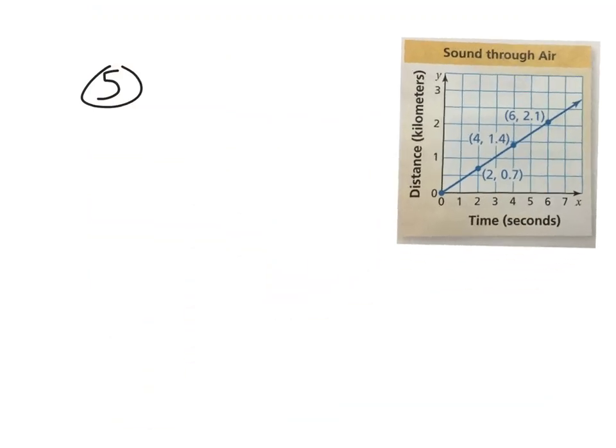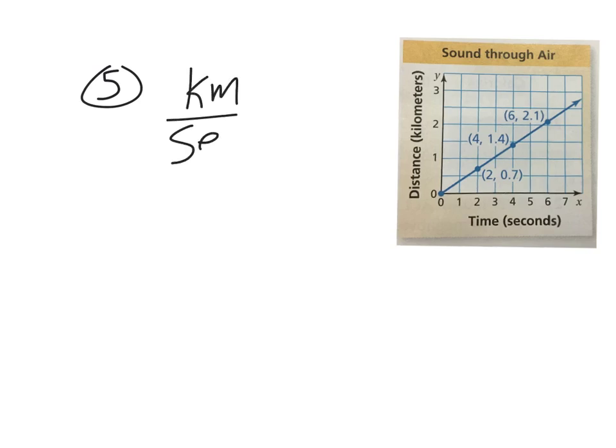All right, so the graph shows the distance that sound travels through air, much slower than through water. Find the speed of sound in kilometers per second. So how do we find kilometers per second?